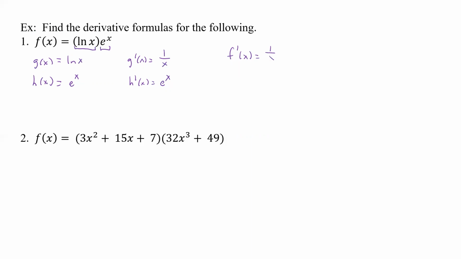So 1 over x times e to the x plus, and now I have ln x times e to the x. Now, can I simplify it? Yeah, I can take e to the x over x and then plus ln x times e to the x, or I can even put that in parentheses if I want. Okay, and so that would be my final f prime of x.